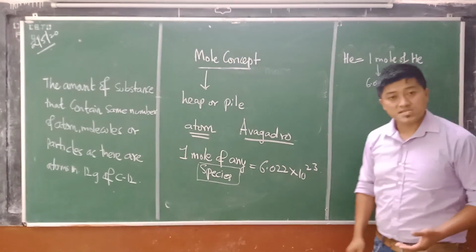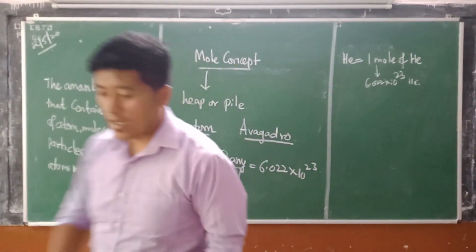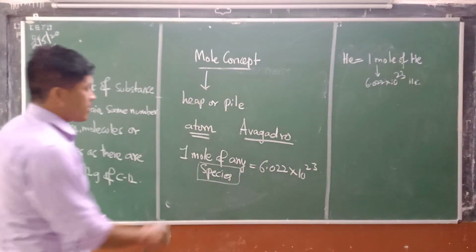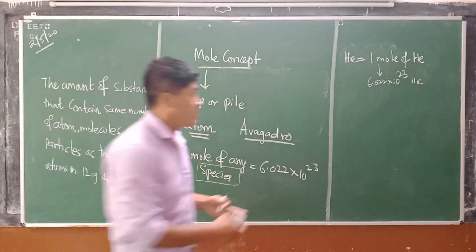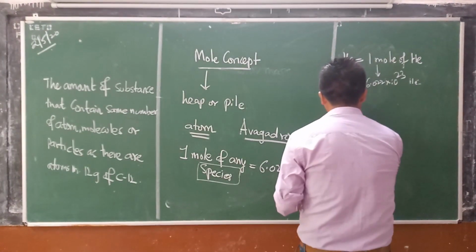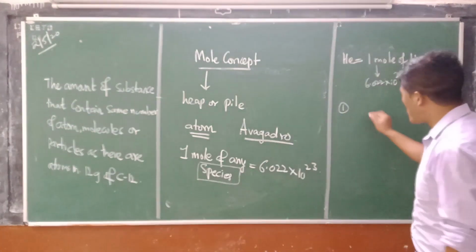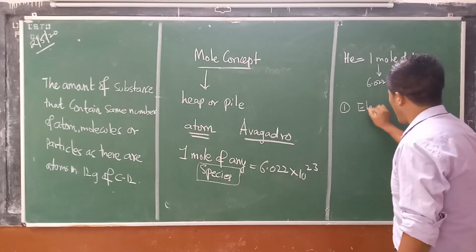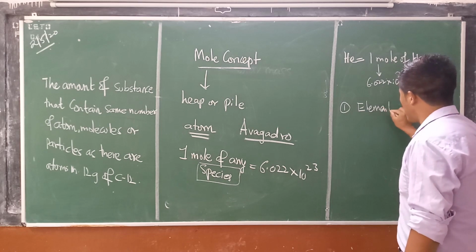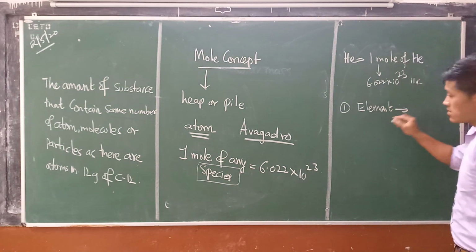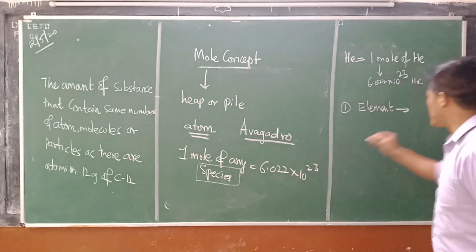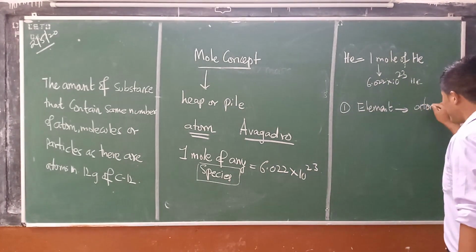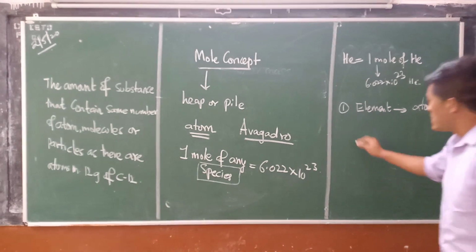Is that clear? So now look at this particular word, species. You must be thinking, what is that species? Normally when I talk about species, I mean 3 things. Number 1, if we are talking in terms of elements, we use atoms.